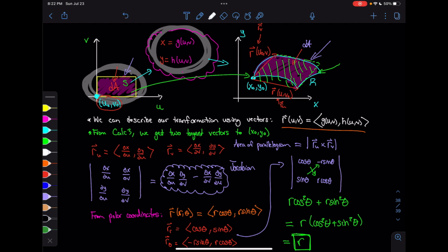So we're going to put in u and v and get out x and y, and our goal is to simply figure out what shape this is going to look like in x and y, and what the Jacobian is going to be if I wanted to use this transformation to help me do some integration. Okay, that's going to be our goal.